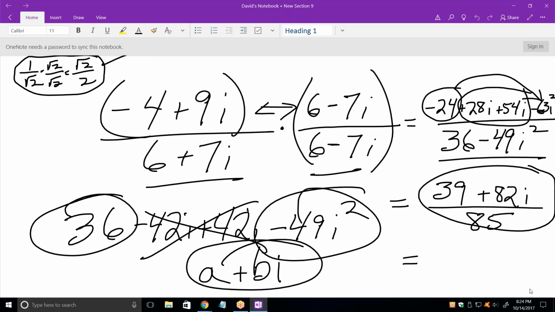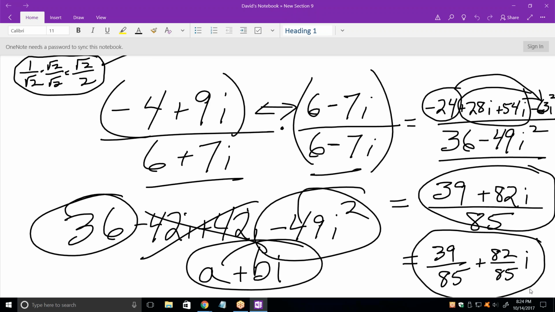Got to split it up into two fractions. 39 over 85 plus 82 over 85i. Now it is in a plus bi. A is 39 over 85. B is 82 over 85, and there's your i.